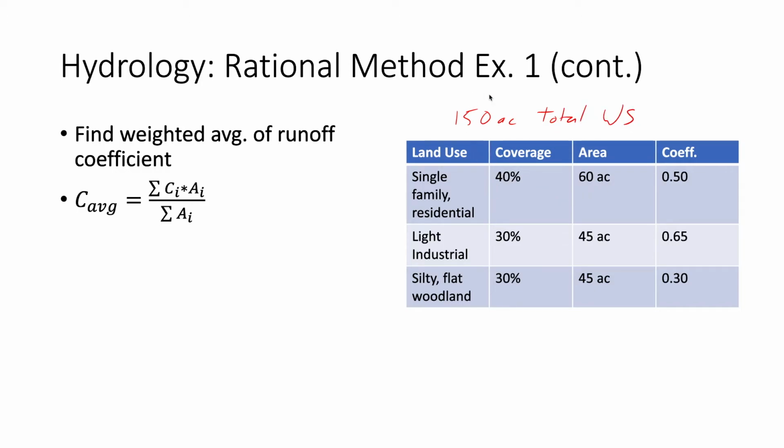So, 0.4 times 150, 60, and so on. We get our areas that way for these different land uses that don't necessarily have to be total areas. They could be spread up in little chunks all over the watershed, but they add up to 40, 30, and 30%. Okay, so 60 acres, 0.5 coefficient.